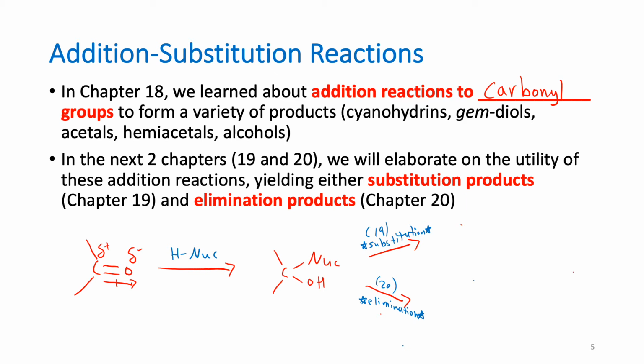So you might see a nucleophile. And remember, substitution, you would then have an X right here. So you're replacing the OH group with an X. Okay? And then in chapter 20, remember with elimination, you always form a double bond of some sort. So what you're going to see in this chapter is your nucleophile here.